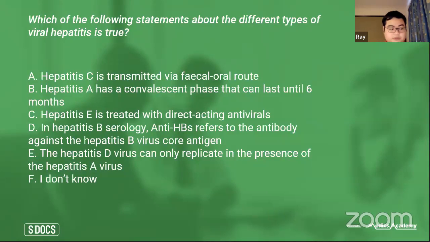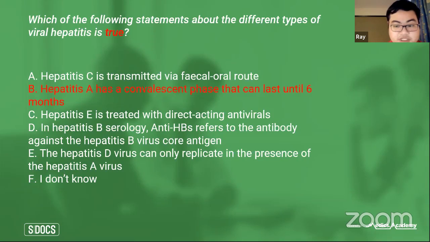All right. So this question would be tricky if you're not too familiar with the individual types of hepatitis. Okay. So for this question, the correct answer is B. Okay. And you would know why that's the case as we talk about hepatitis.